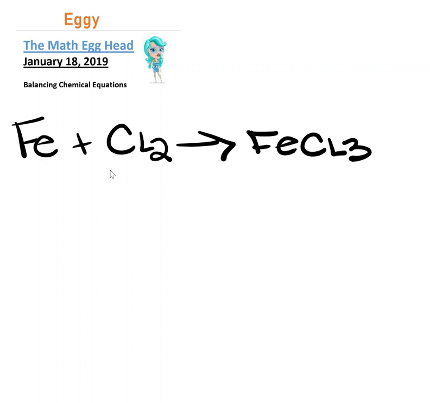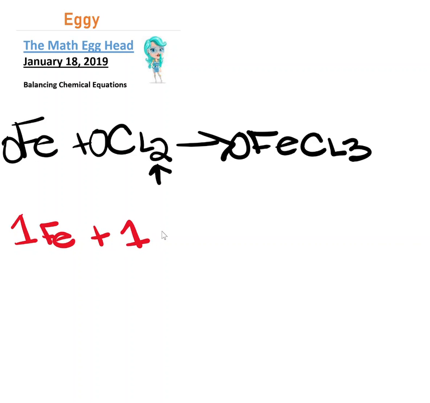Now, as you can see here, there's a subscript, and we don't see any coefficients. Just a quick reminder, coefficients usually are the numbers that are on the left side of the element. If you don't see a number next to the element on the left side, we can assume that the coefficient is 1.